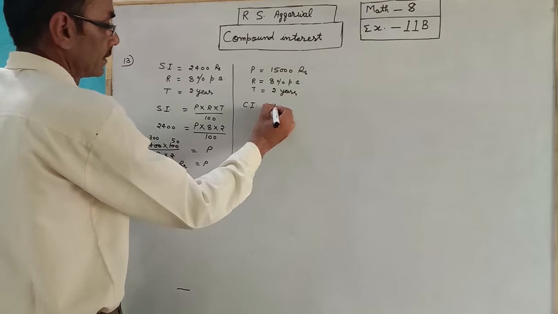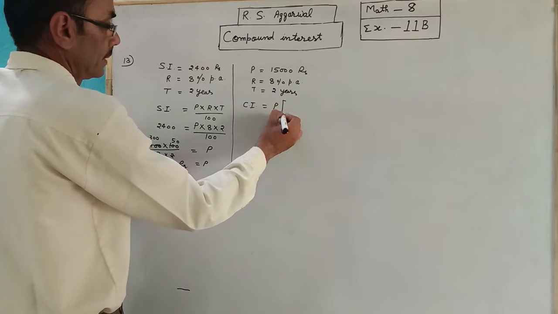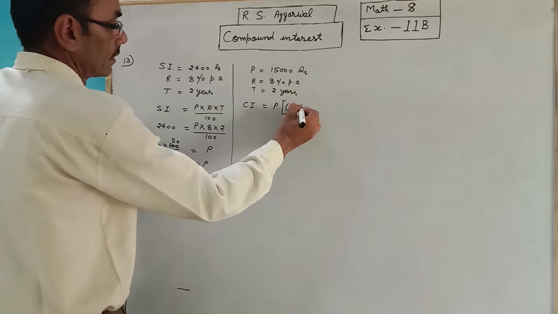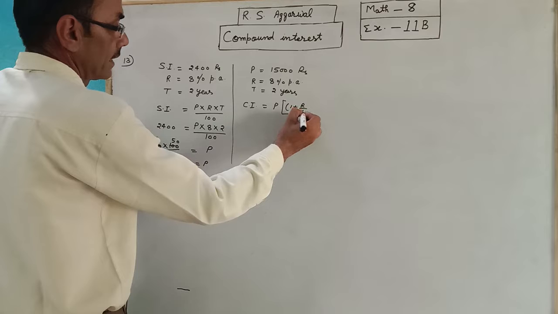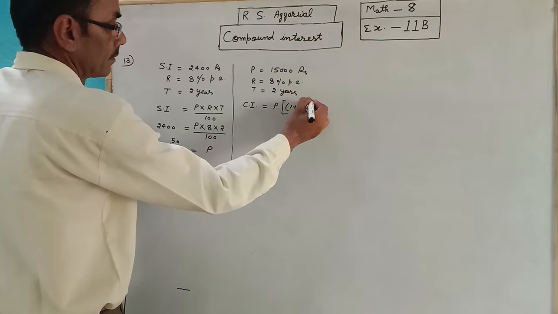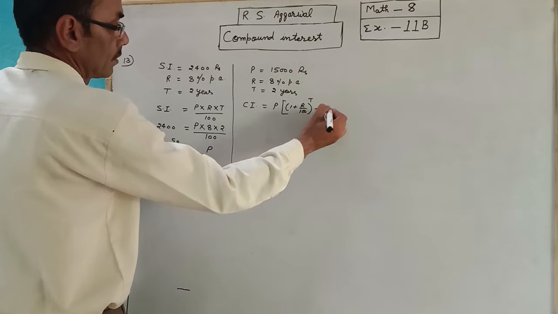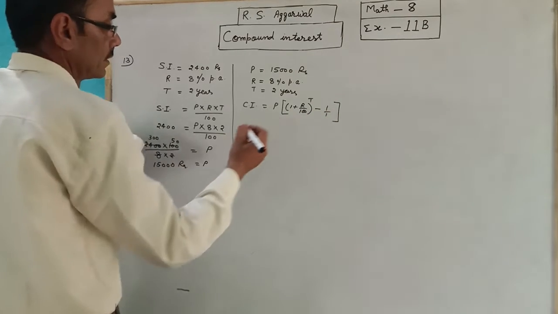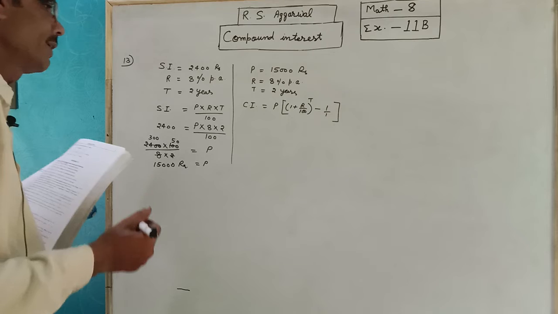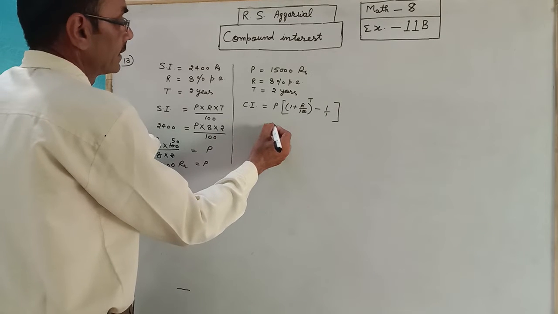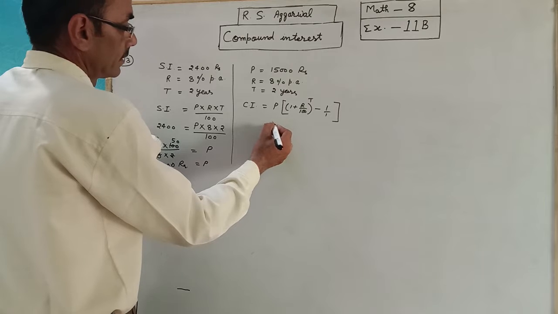CI formula is P big bracket 1 plus R upon 100 has power T minus 1 upon 1. Now putting the value to find the CI.